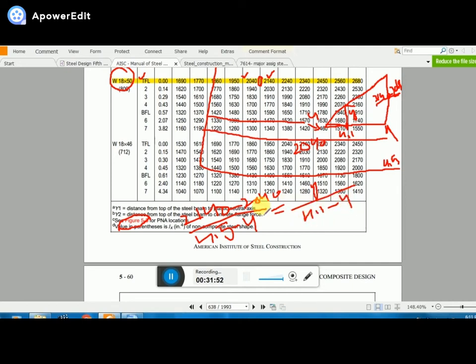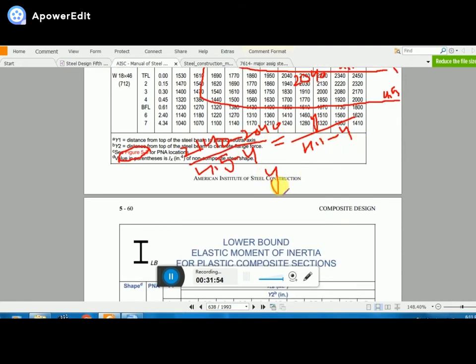So y equals (2140 minus 2040) divided by (4.5 minus 4), multiplied by (4.1 minus 4).